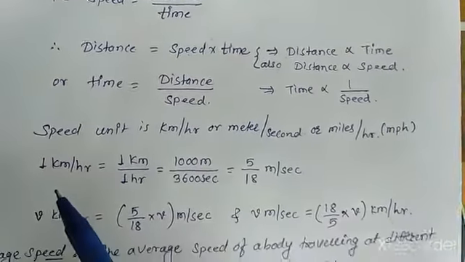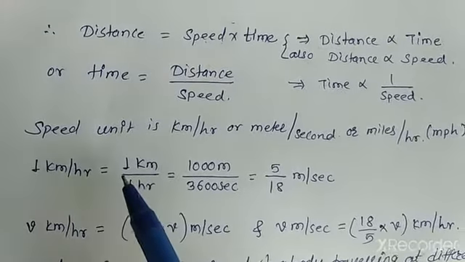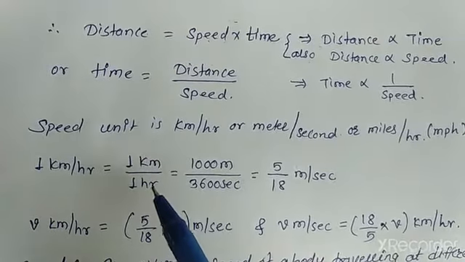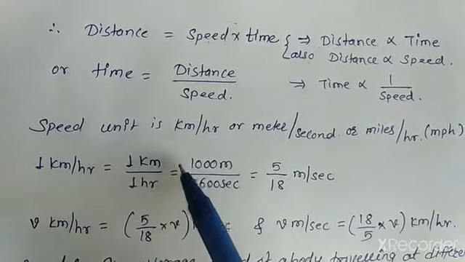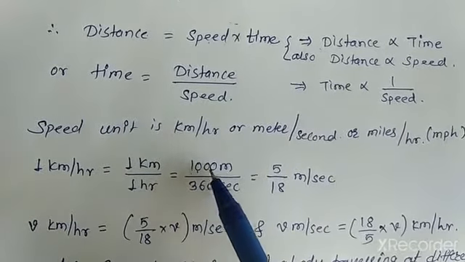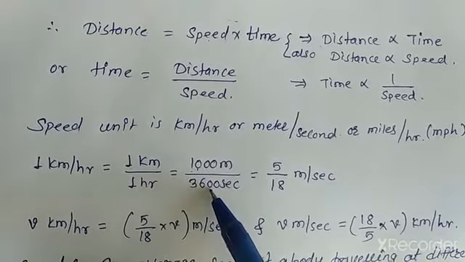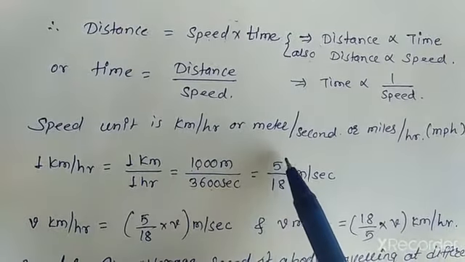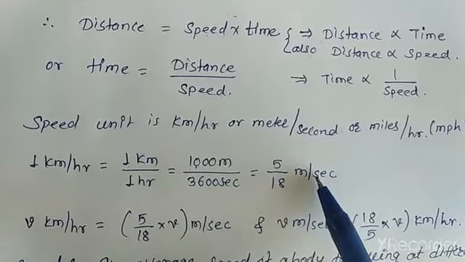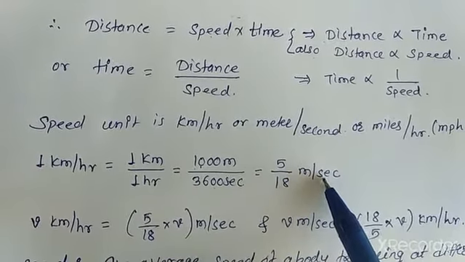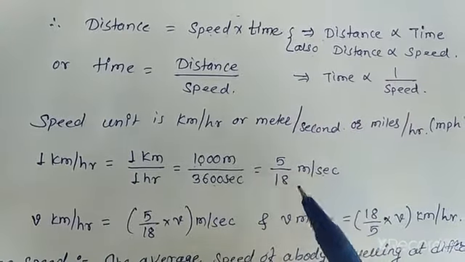Now here, 1 kilometer per hour is equal to 1 km upon 1 hour, which is equal to 1000 meters upon 3600 seconds. So its calculation will be 5 upon 18 meter per second.